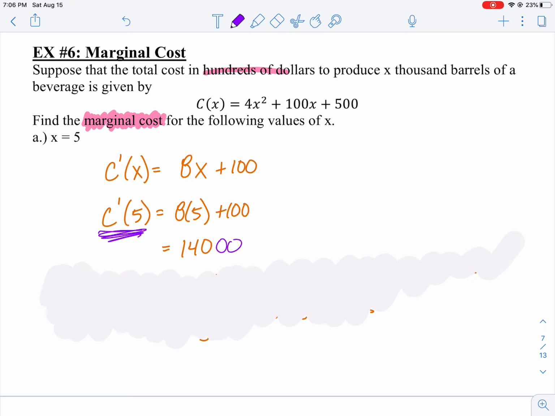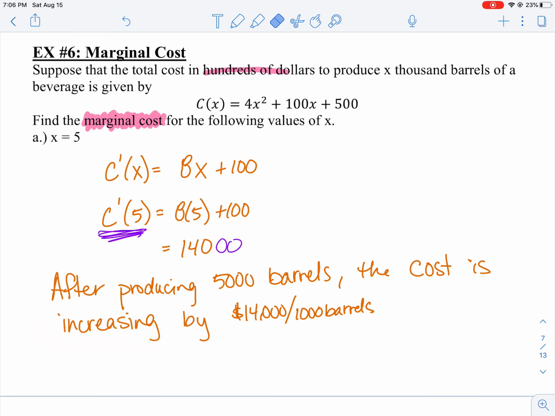And so if I was doing a sentence interpretation with the 3 important things, when is this happening? What is happening? And what is our answer with correct units? So this 14,000 is really talking about after you produce the 5,000th barrel. So when you go to produce the next 1,000 barrels, the cost is doing what? Well, the cost is increasing by $14,000 per 1,000 barrels.